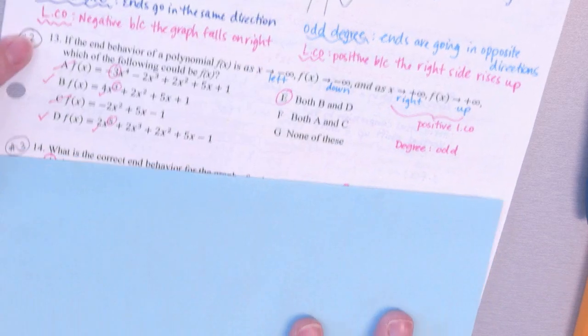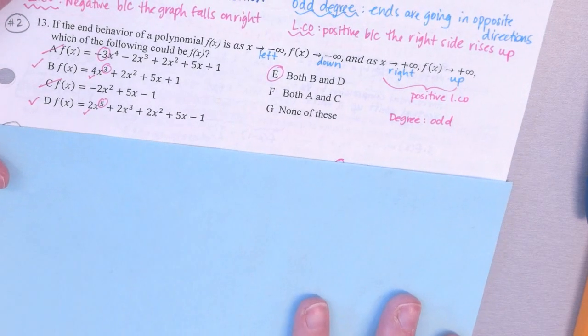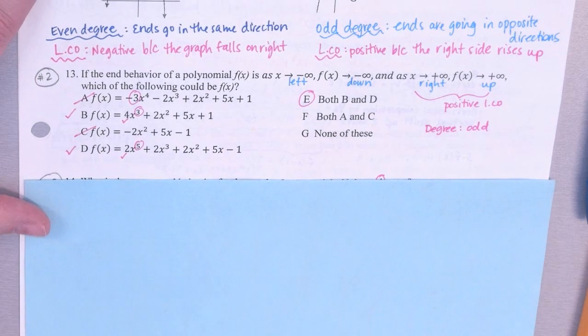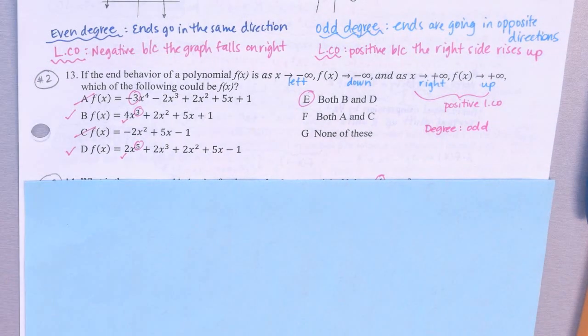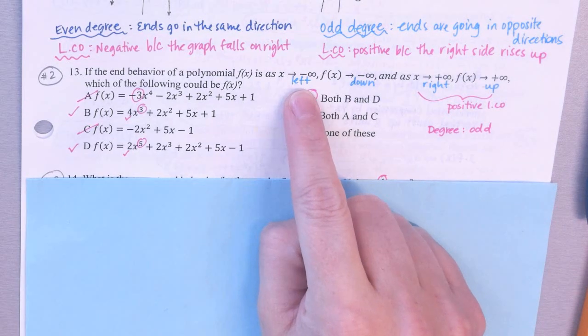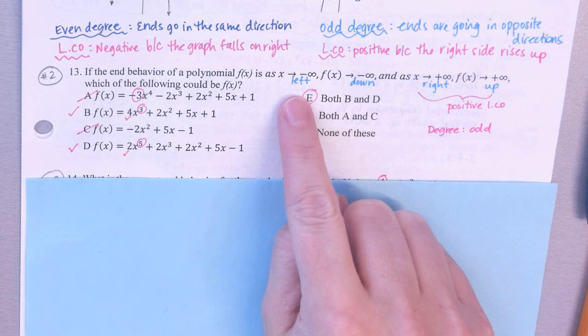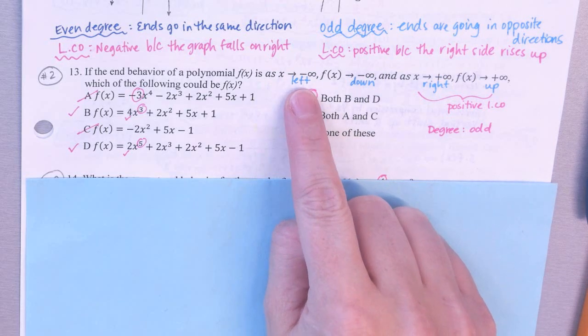For number 2, this is a multiple choice question, because remember, you are going to have multiple choice on your test tomorrow. So it says, if the end behavior of a polynomial f of x is as x goes to negative infinity, and look what I do with these annotations, so I know what this means. As x goes to negative infinity means the left.